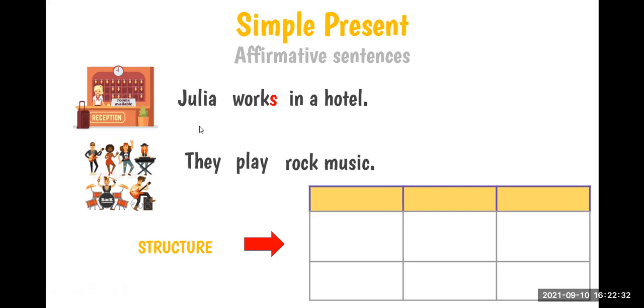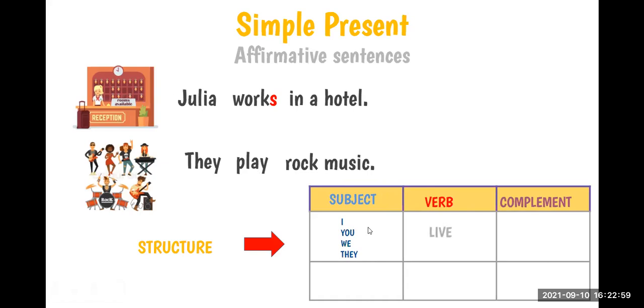The subject could be a pronoun, and could be a name, the name of a person, could be a noun. Okay, so the subject. After the subject, we have the verb. And after the verb, we have the complement, right? Very good. So this is how we form the sentence in the simple present.